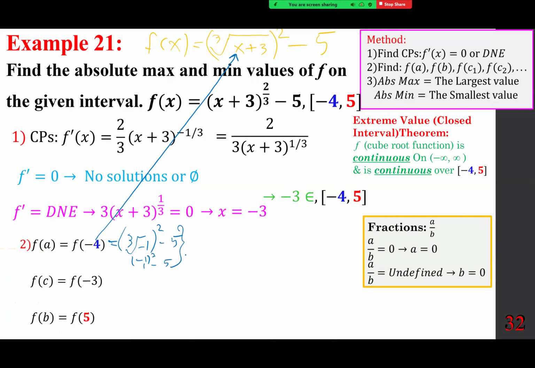And the answer is -4 here. Then I'm going to put -3 in there. If I put -3 here, that goes to 0, and I just get -5. So there's really not much I have to do.